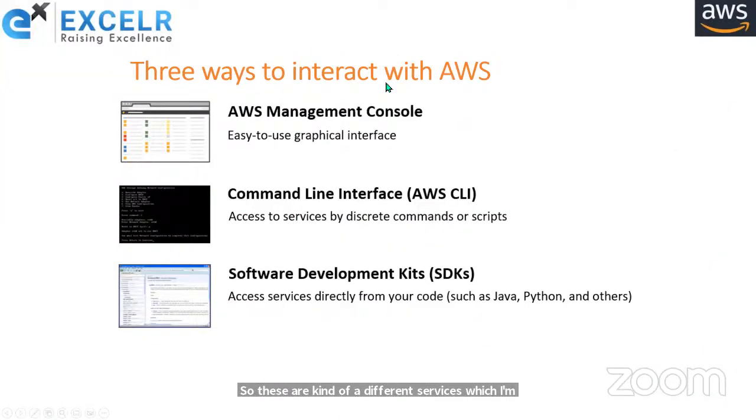So there are 3 ways to interact with AWS. How are you able to connect with AWS? You need proper internet, and you need an AWS free tier account where you can log into the Amazon console, and then you can launch the infrastructure. It is an easy-to-use graphical interface, and it can also be launched through the command line interface, AWS CLI.